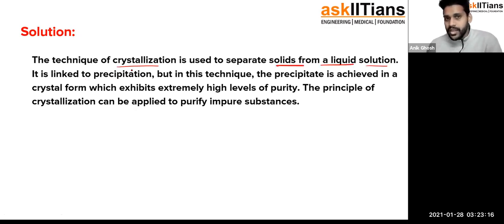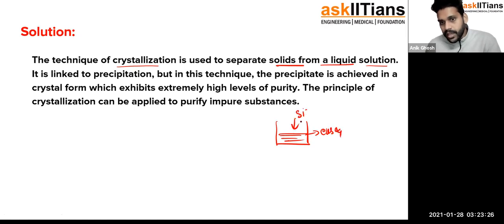When there is a solution of copper sulfate, as I told you, and there is some silica in it, that is called crystallization. To maintain a high level of purity, crystallization is used.